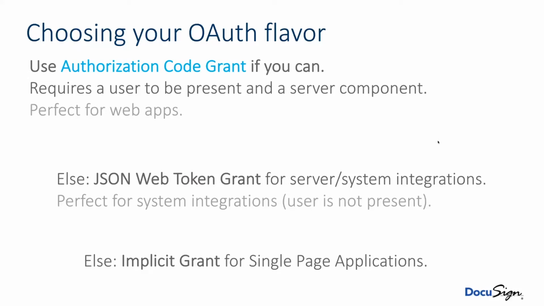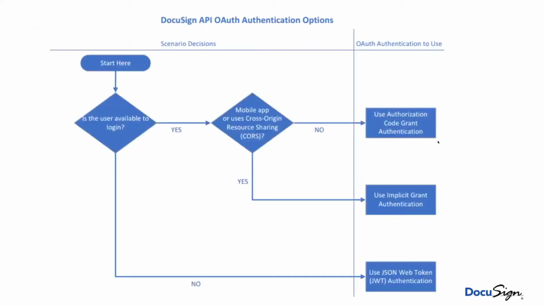So if the user is present and you have a server component, then you would want to use authorization code grant. This flowchart is another way of looking at the same material that we just discussed, and CORS is what's used for single-page applications where there's no server component, and that's where you would use implicit grant if that's your situation.